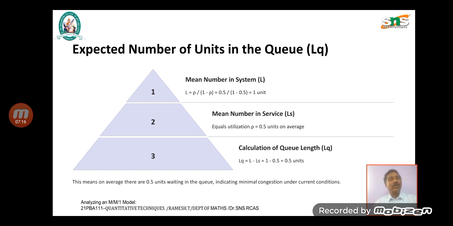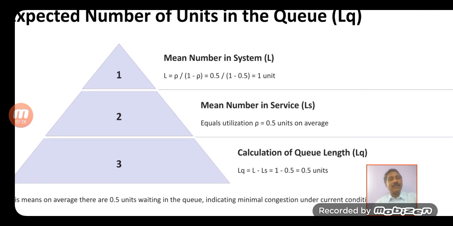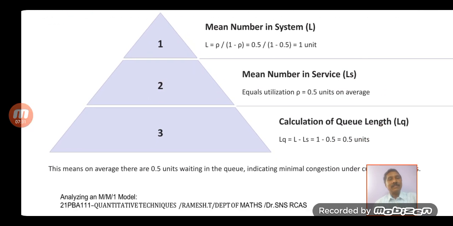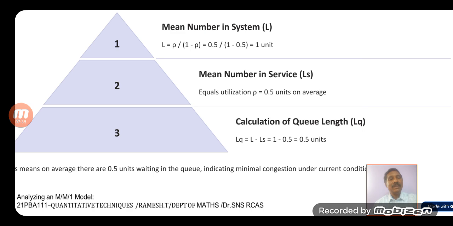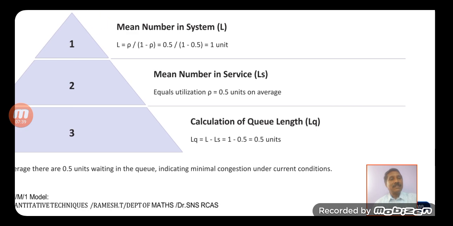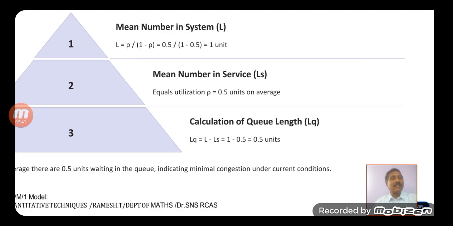So calculating queue length, that is Lq is equal to L minus Ls, that is 1 minus 0.5, so 0.5 units. So we calculated all these things. This means on average there are 0.5 units waiting in the queue, indicating minimal congestion under current conditions.